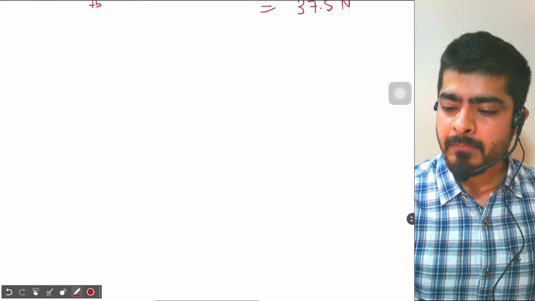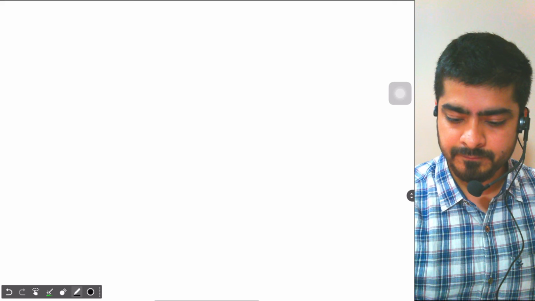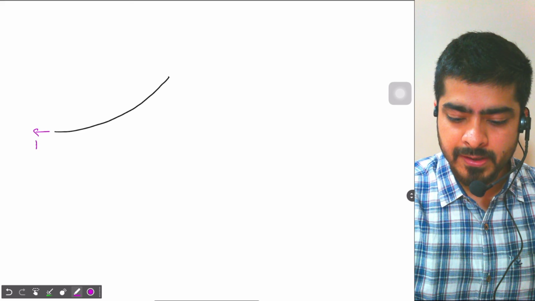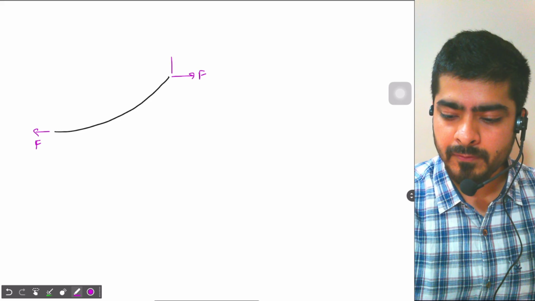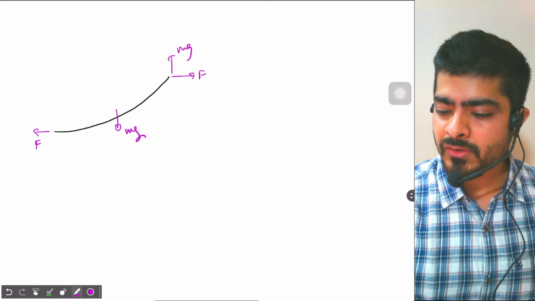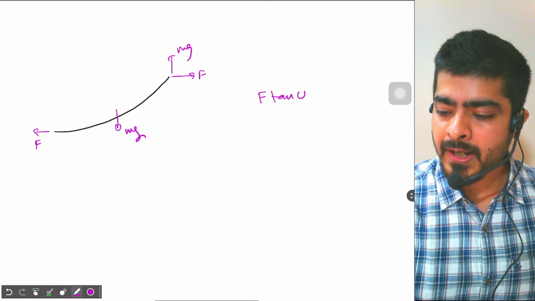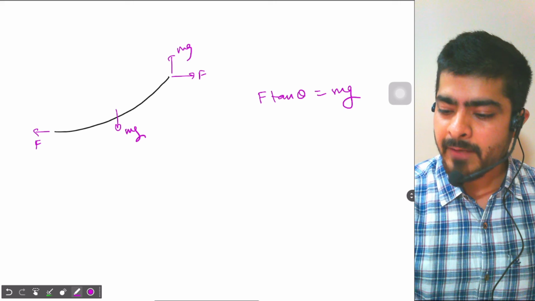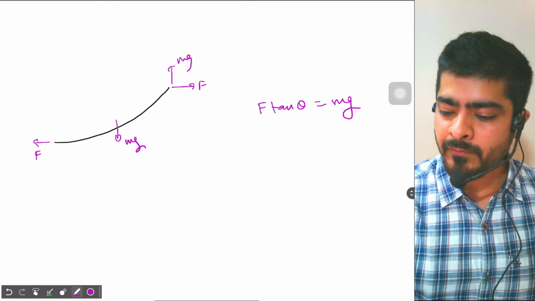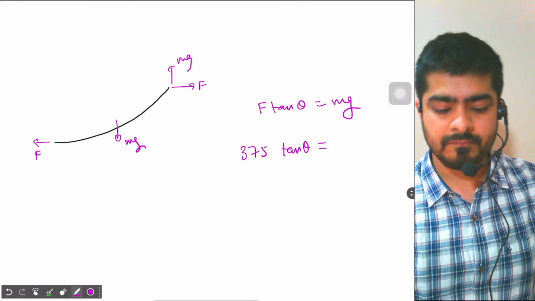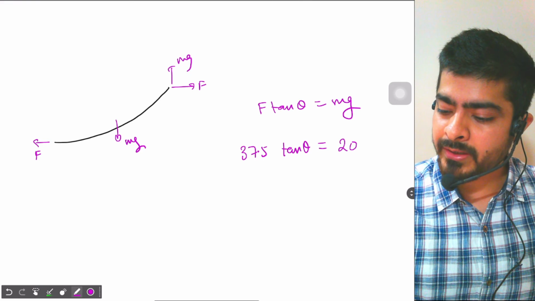Now again coming back to the rope. So here is your force F, F, mg, mg. So F tan theta is equal to mg, m is the mass of the rope in this case. F we have just calculated is equal to 37.5 times tan theta is equal to weight of the rope, that is 20 newtons.